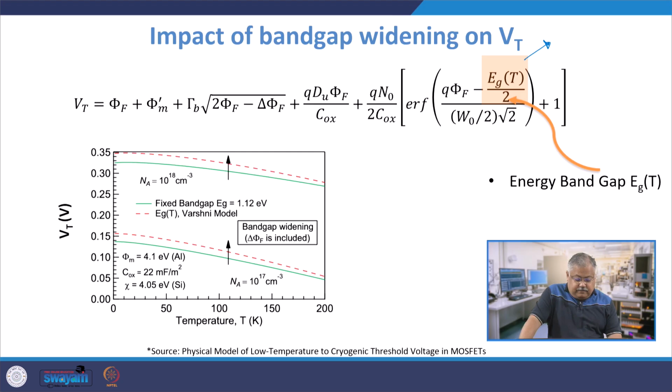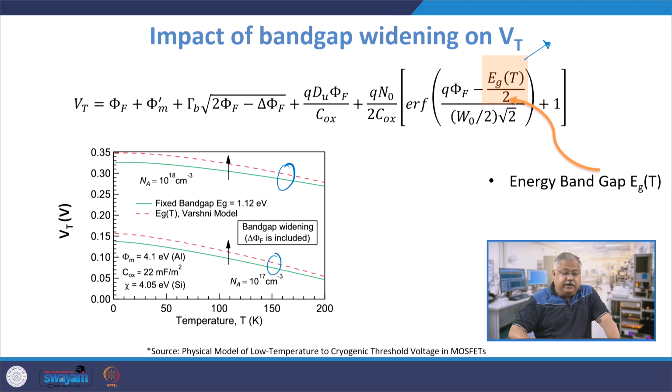Here we have taken the metal work function as 4.1, oxide capacitance per unit area is 22 millifarad per meter square. Chi is the electron affinity, which is 4.05 electron volt, and we have taken Na in one case to be 10 to the power 17, in another case 10 to the power 18.